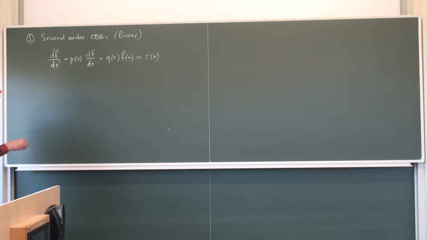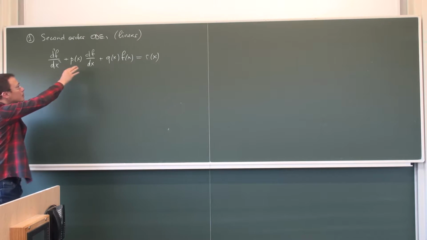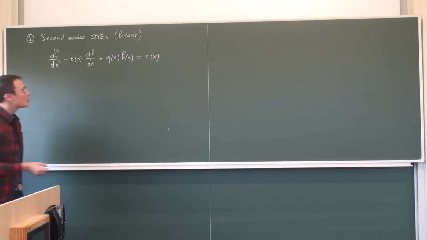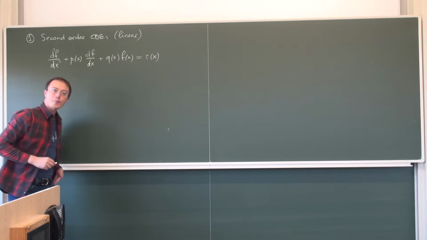Now, the general task of solving this for arbitrary p, q, and r would be a separate semester-long course. So today we will only look at equations where p and q are not functions but constants, and where r is 0.